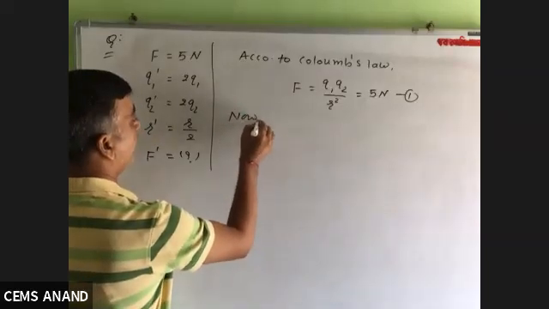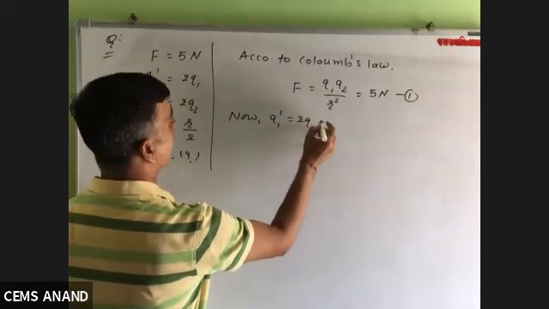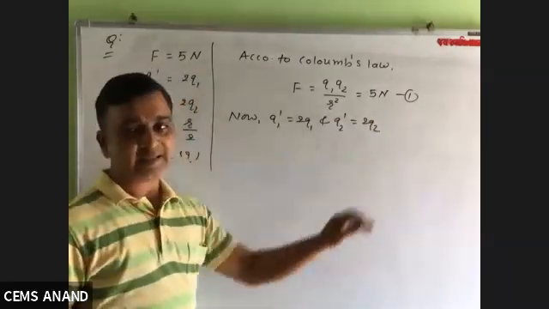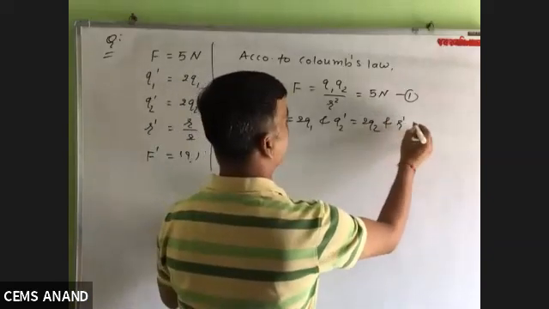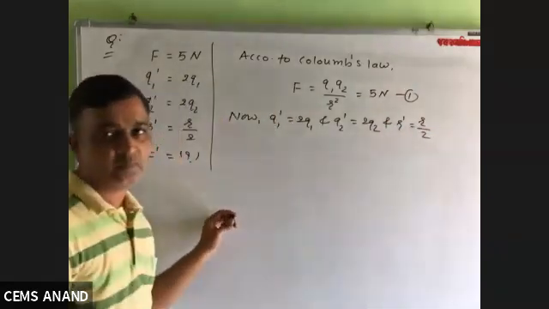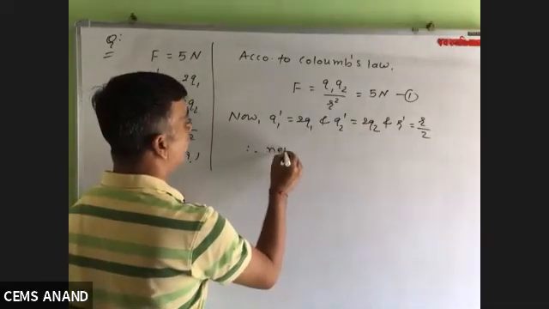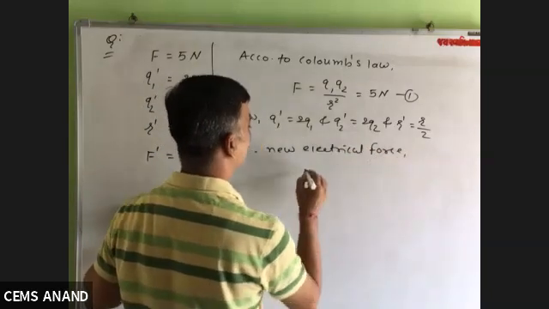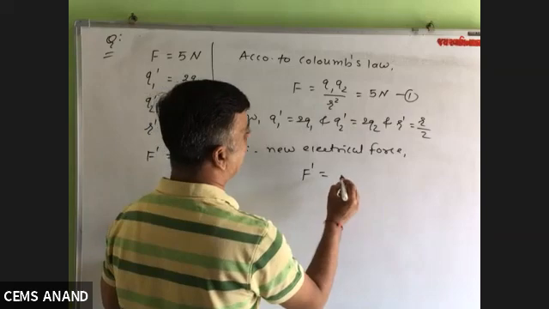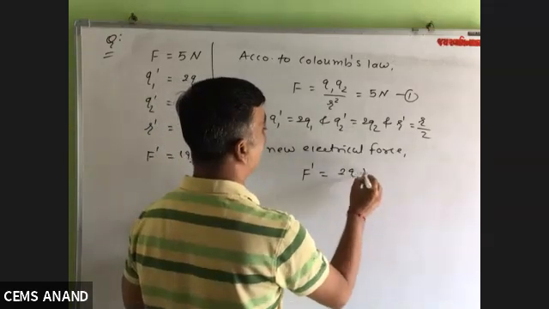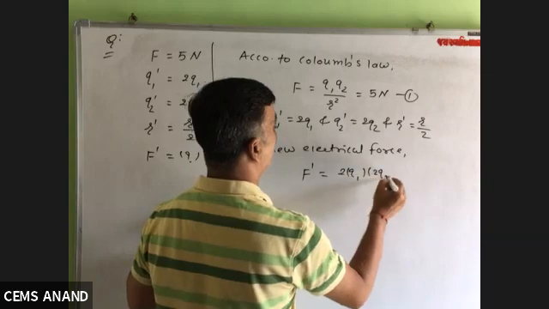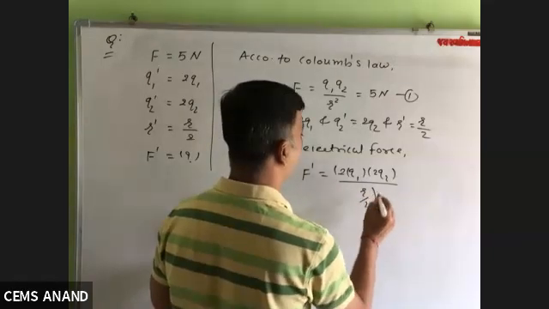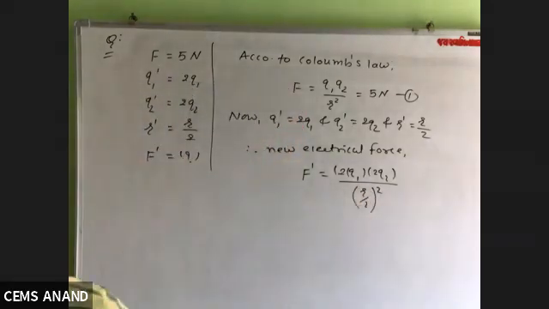Now, Q1 dash becomes 2Q1 and Q2 dash becomes 2Q2, so the charges get doubled and R dash becomes R by 2. That's why the new electrical force, F dash, is equals to k 2Q1 2Q2 upon R by 2 square. Is it so or not?